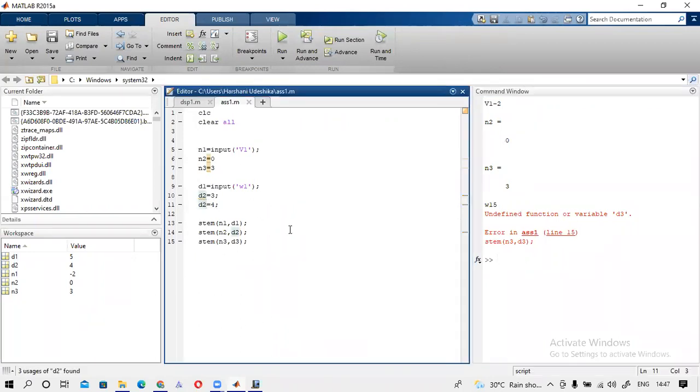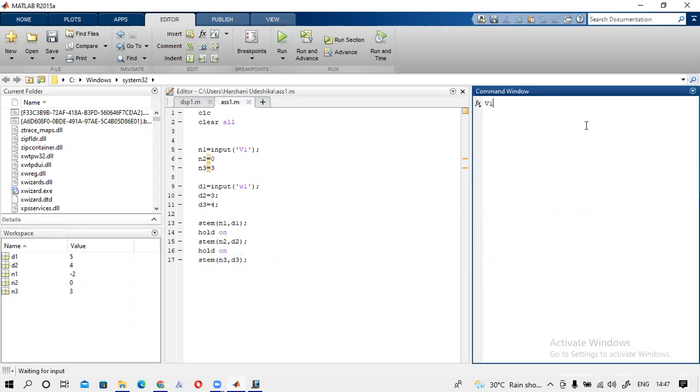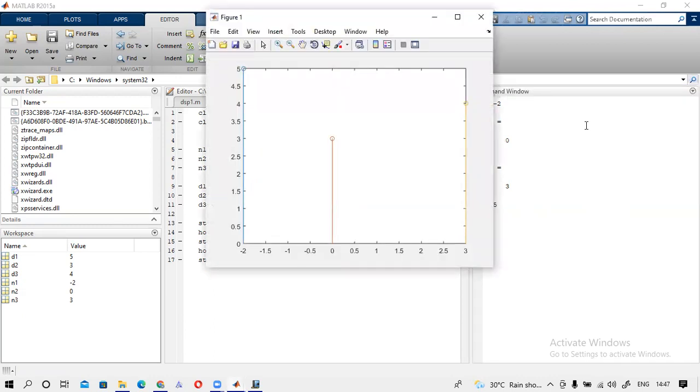Sorry, this should be 3. Also I have to put the hold on here, otherwise not all in one. So v1 is -2, w1 is 5. This is the impulse: -2, 5, 0, 0, and 3, it is 4.